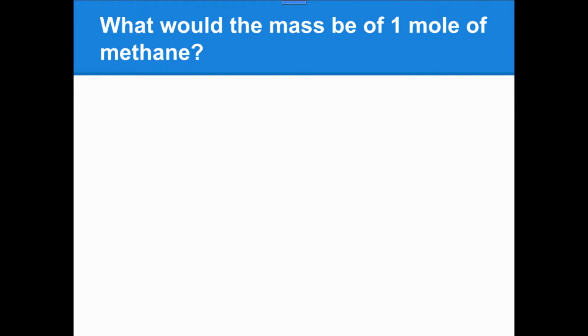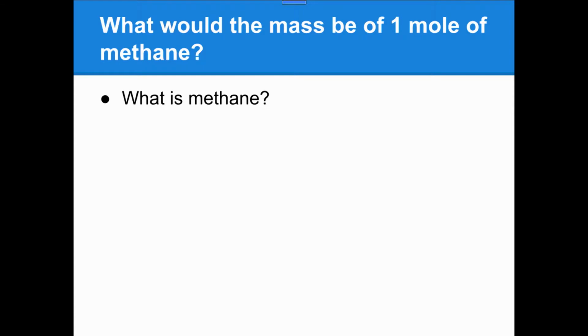So what do we do? Well, the first step is to figure out what is methane. Now, methane is one of those weird compounds that doesn't actually get named like all of the others, with our cation being the first full name and then the anion being the one with the ide ending.